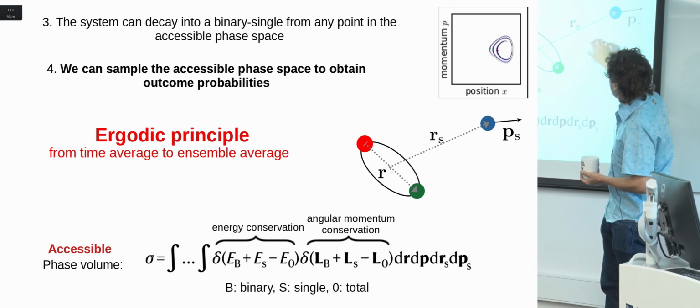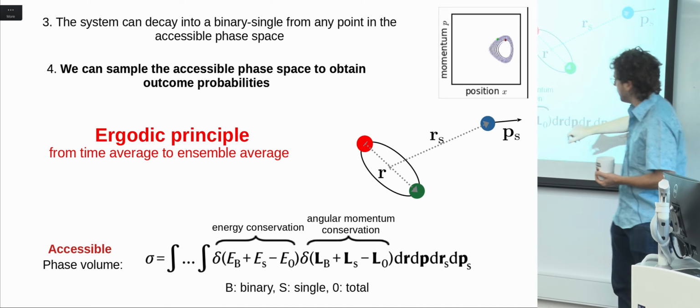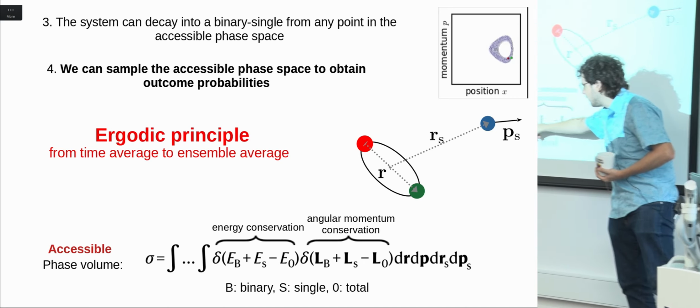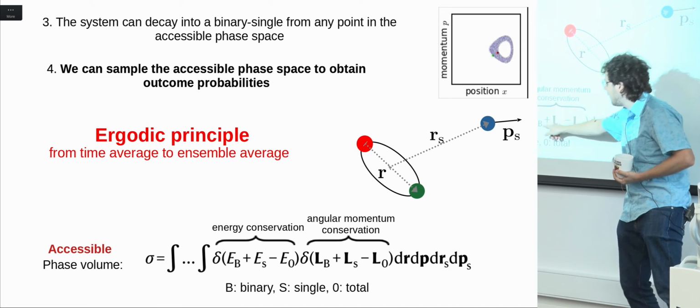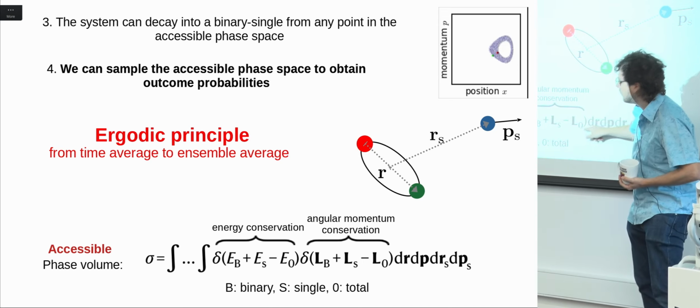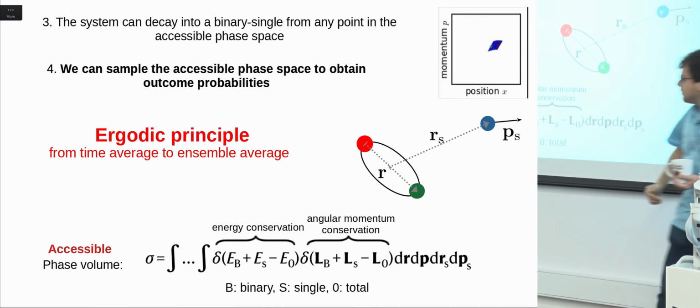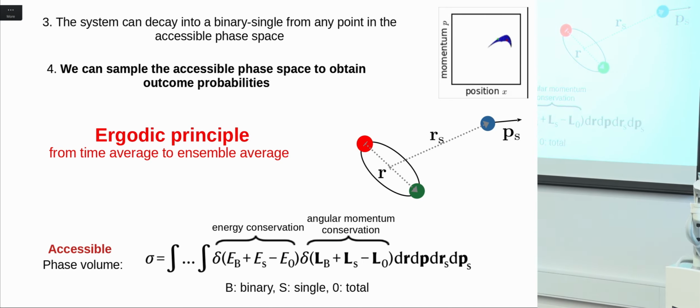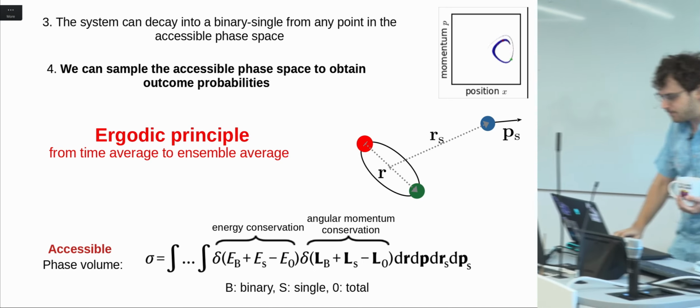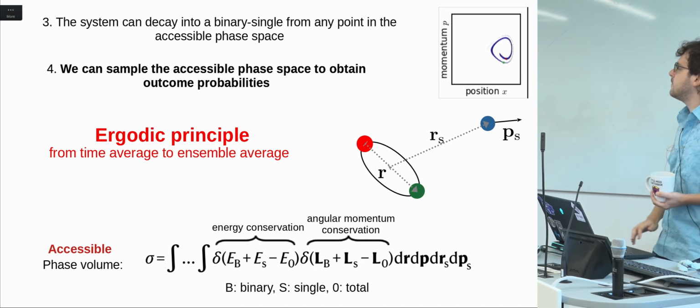So when the system disintegrates, the total sum of the angular momenta of the binary and the single needs to be equal to the total angular momentum. Same for the energy: binary energy plus single energy needs to be equal to the total energy of the system. And other constraints come from causality.